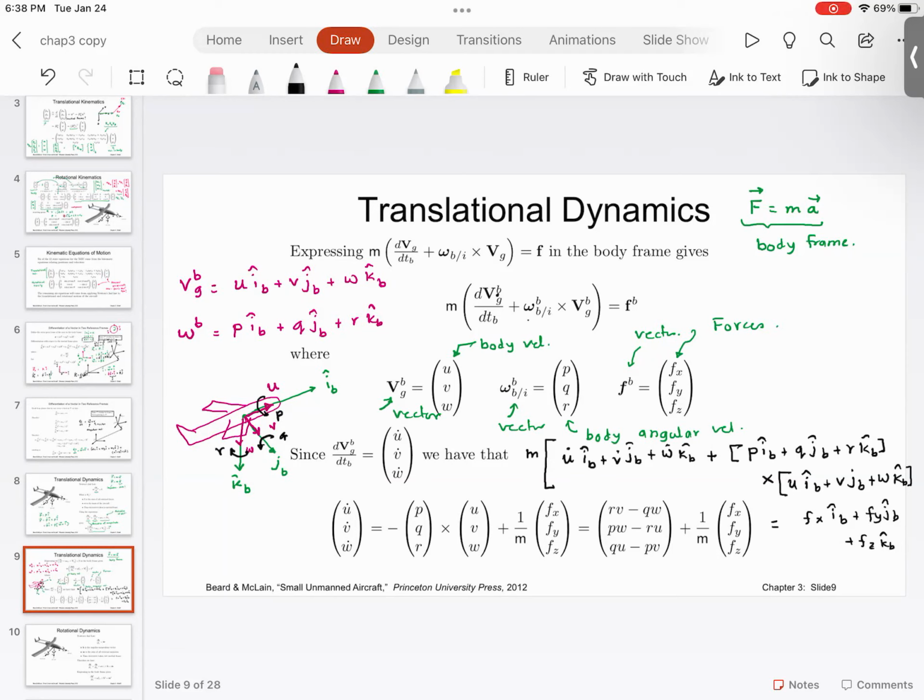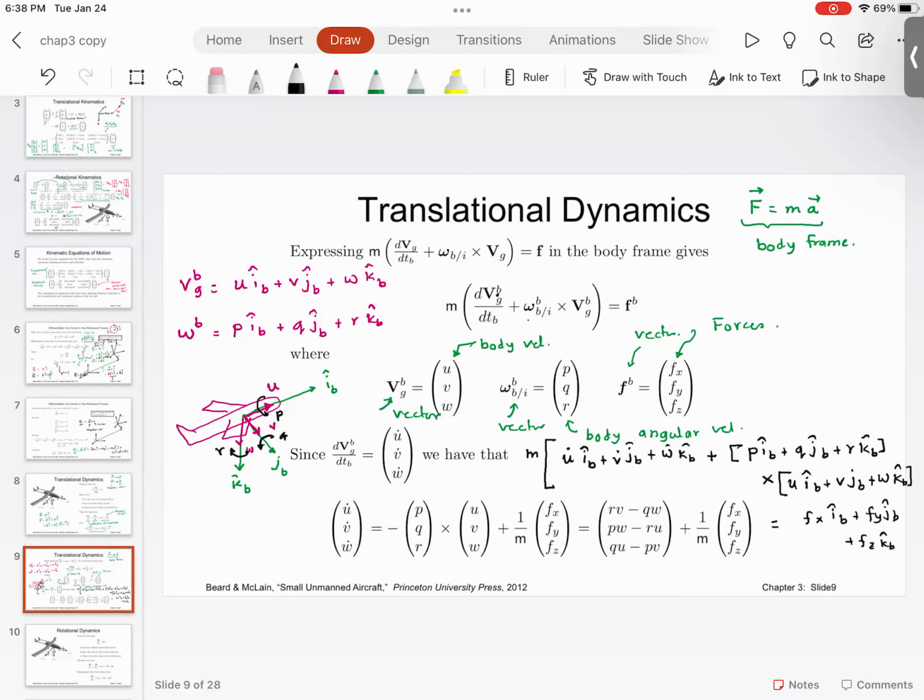Because you have to collect all the expression in IB, all the expression in JB, and all the expression in KB. Everyone understood this? Wouldn't the derivative of vector VG with respect to B have two components, like the chain product? So that's exactly what this is. This is the derivative of magnitude, and this cross product is the derivative or change in the direction.